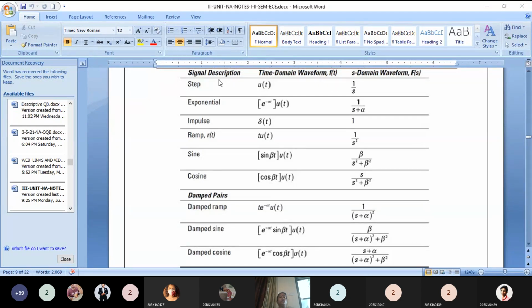Hello guys, is it clear how to extract the Laplace transform after extracting the time domain equation from the given periodic function? Is it clear this equation? Please practice, then it's very easy to remember and extract the Laplace transformation equation from the given time domain equation. Is it clear?